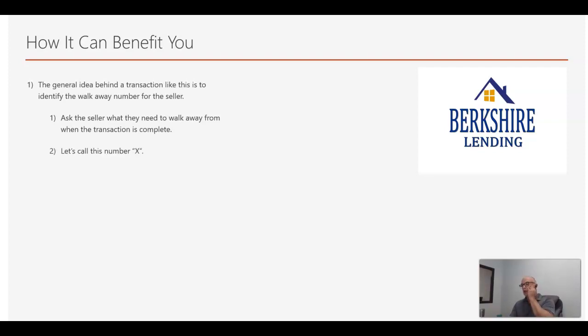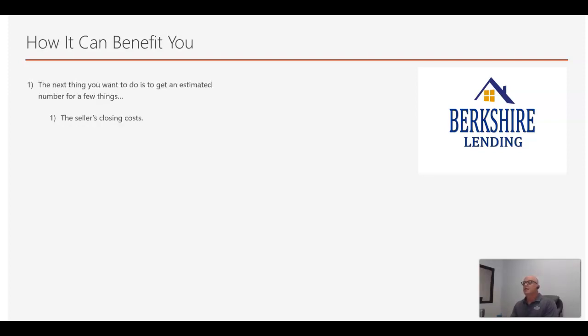This walkaway number, let's just call it X. Let's assume, like I said, the mom or dad are wanting to do everything nice on behalf of the buyer that they can, so they want to pay as much of the costs for the buyer as they can.